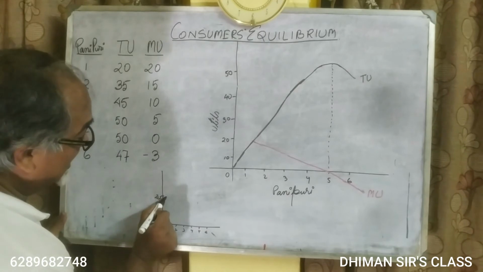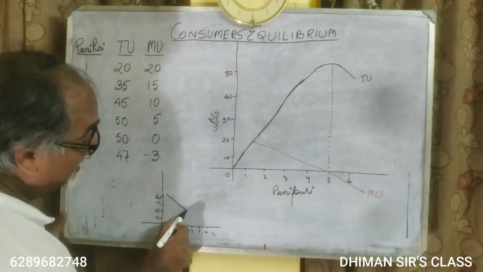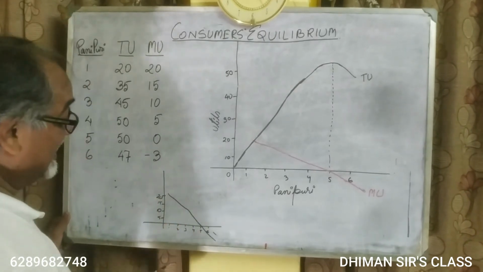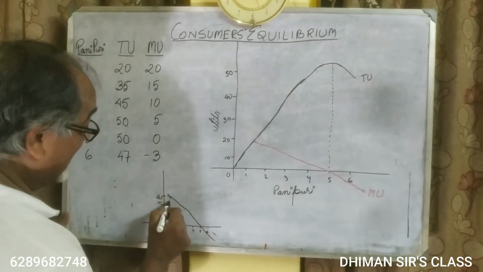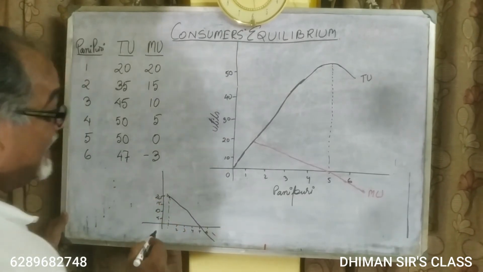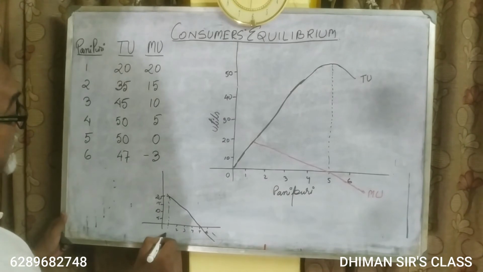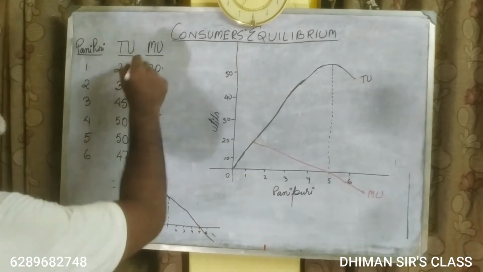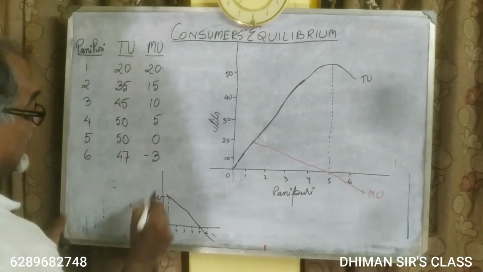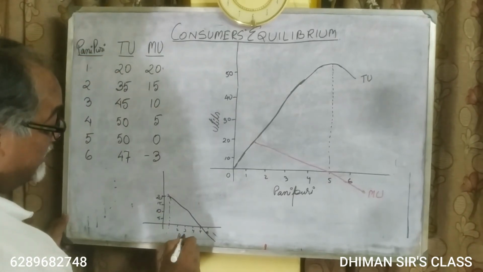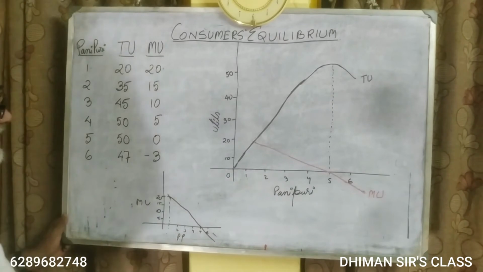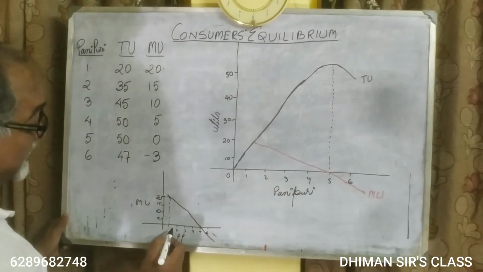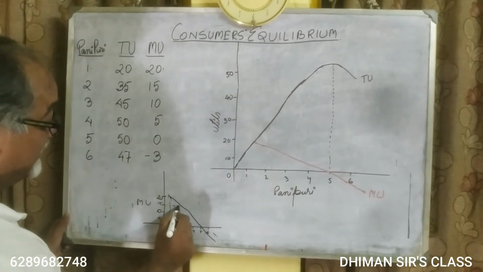See, my marginal utility keeps on decreasing. And when I am taking one plate of pani puri, I am getting 20 utils. One pani puri, 20 utils. Just I am plotting this pani puri and marginal utility. This is pani puri and this is marginal utility. Okay. Now, for 2 units, it's 15.